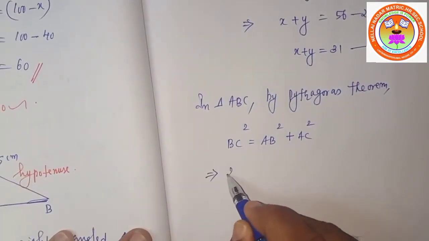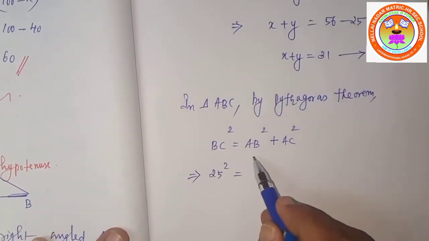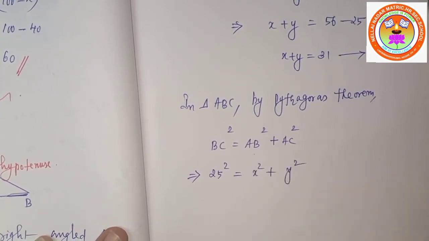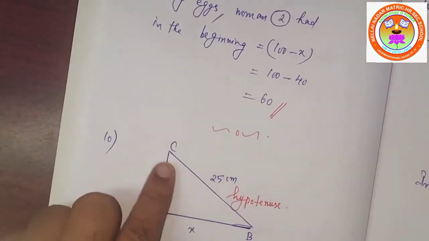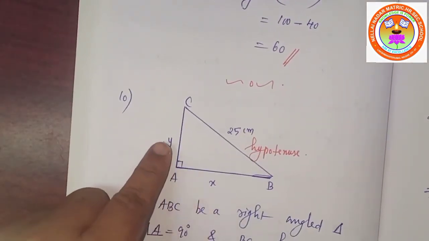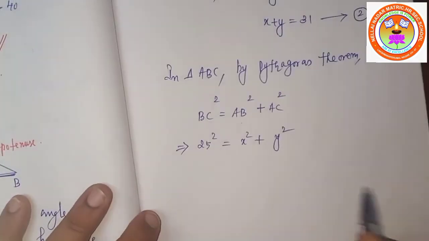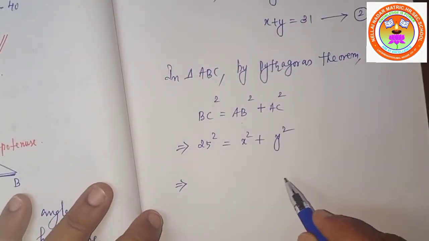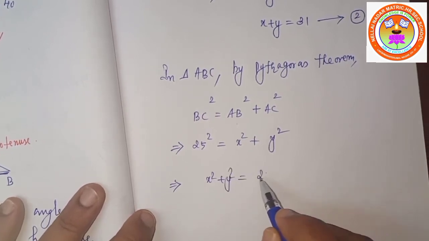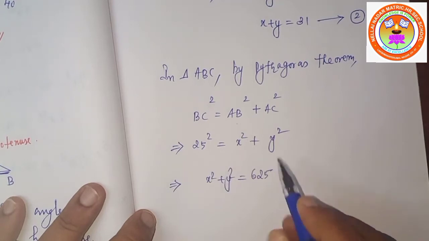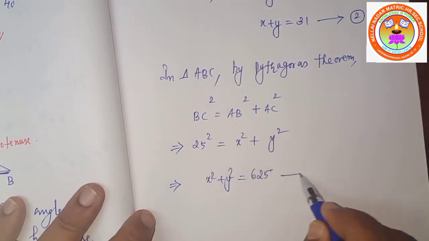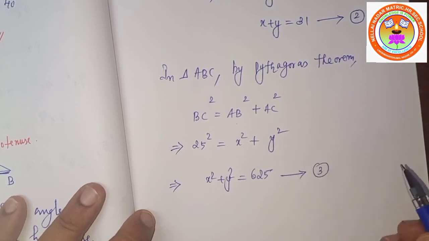BC is 25 square, AB is X, therefore X square, AC is Y, therefore Y square. Which implies X square plus Y square is equal to 25 square, that is equal to 625. 25 square means 25 into 25, that is equal to 625. That is equation number 3.